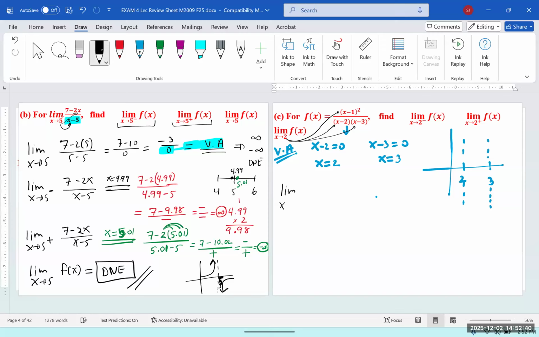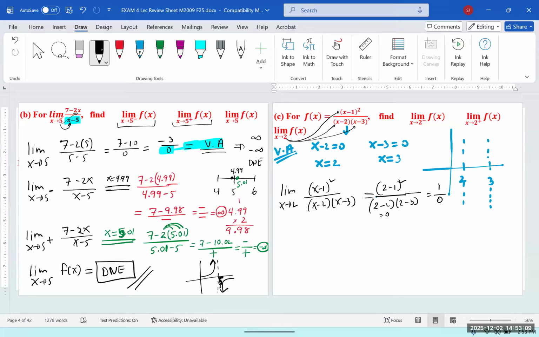So limit as x goes to 2 of (x minus 1) squared over (x minus 2)(x minus 3). First step is substitute, so you get (2 minus 1) squared divided by (2 minus 2)(2 minus 3). Now 2 minus 1 is 1, and this is 0. 0 times anything is 0.